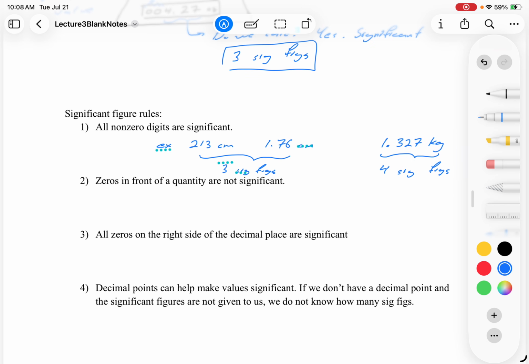Let's continue. Number 2: zeros in front of the quantity are not significant, right? Again, let's look at an example. 0.000021 kilograms, and then we have 0.00073 pounds.